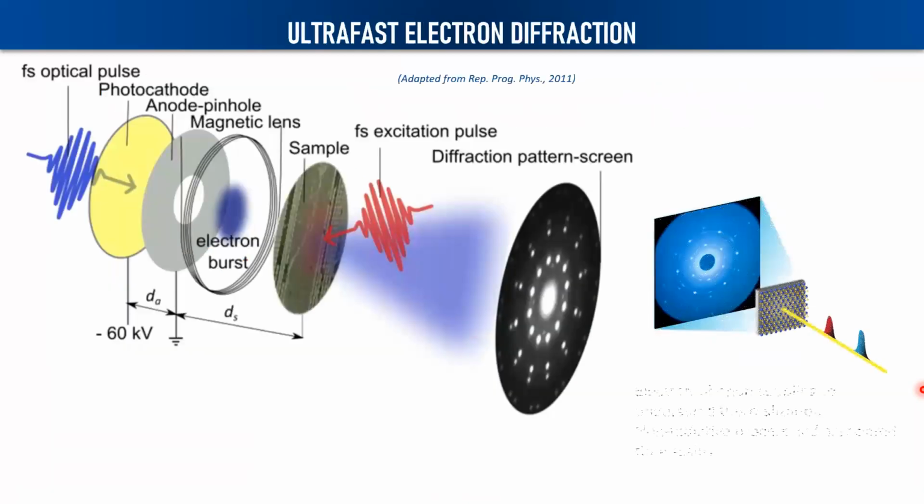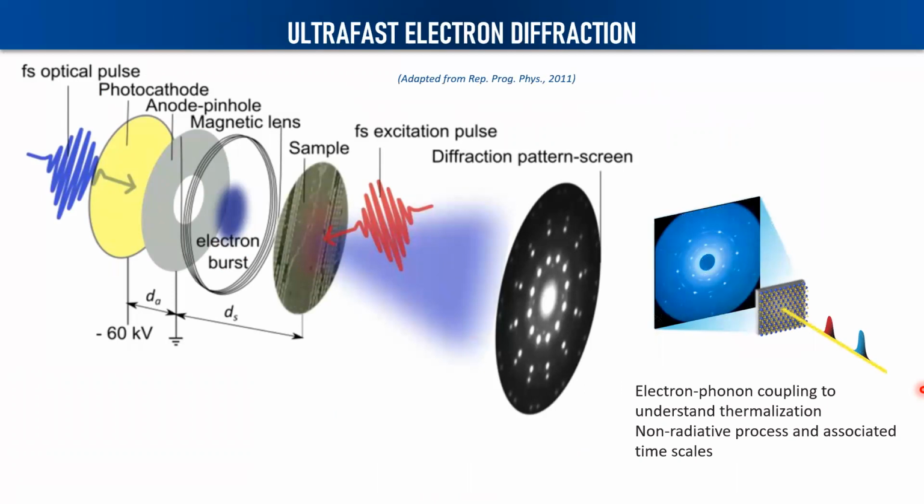This is where we started collaborating with the Stanford Linear Accelerator facility. They have a technique called ultrafast electron diffraction. In this technique, in transmission mode, you excite your sample with a femtosecond optical pulse, and then you send an electron beam or electron pulse of very high energy, and you study the changes in the diffraction pattern.